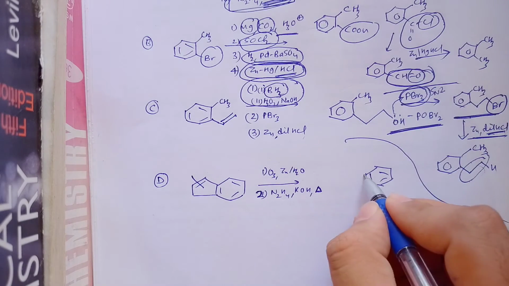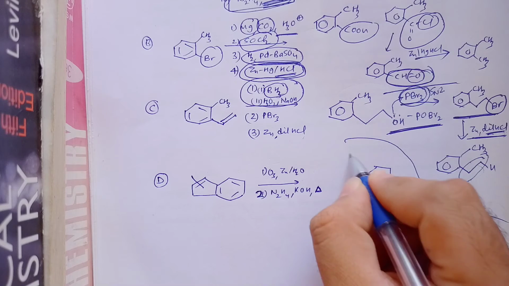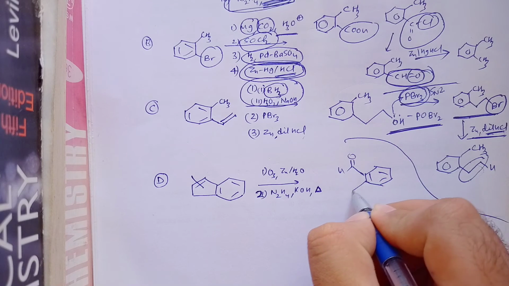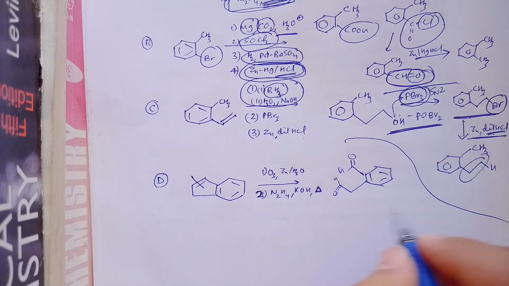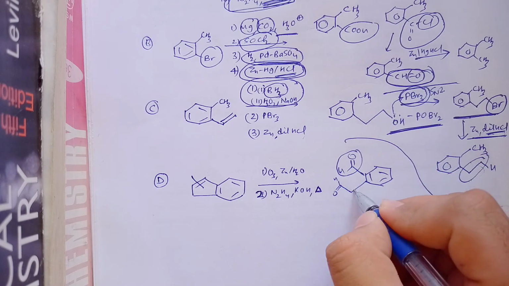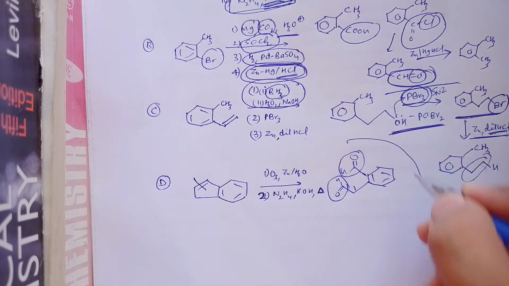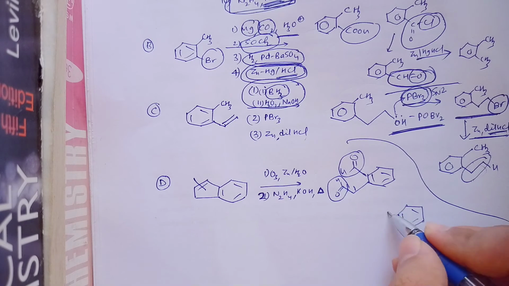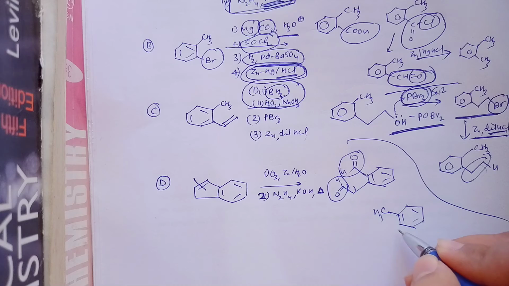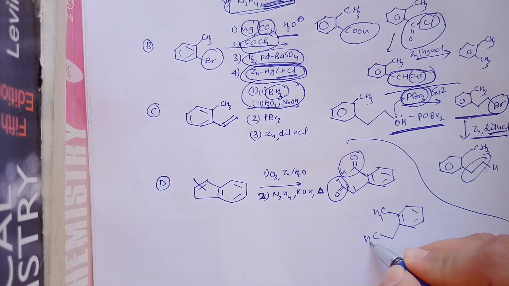In the fourth option, in the first step, what are we getting? We are getting 2 carbonyl groups, and then they are doing Wolff-Kishner reduction, so it will get converted into this and it will get converted into this.